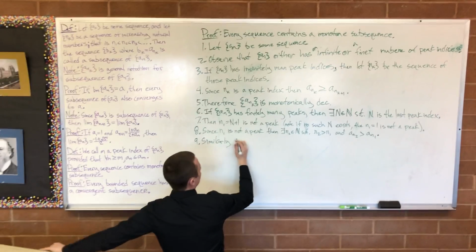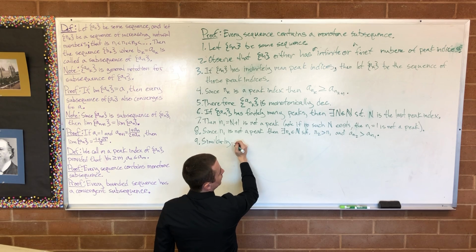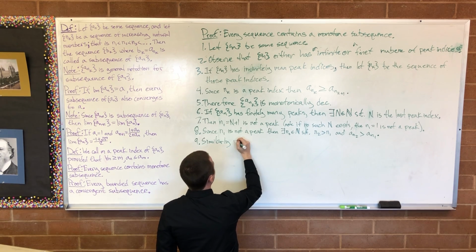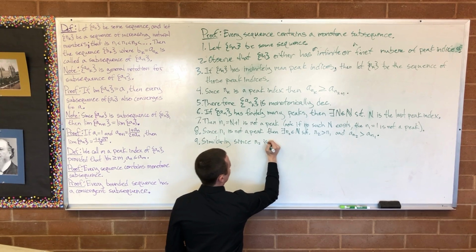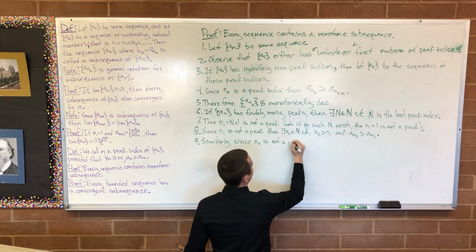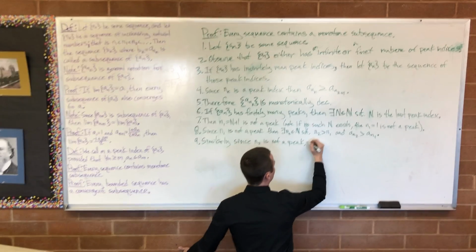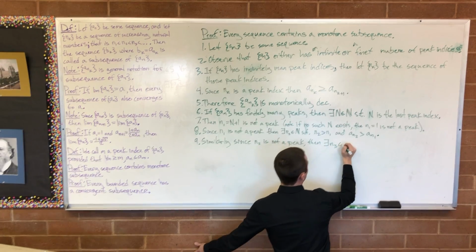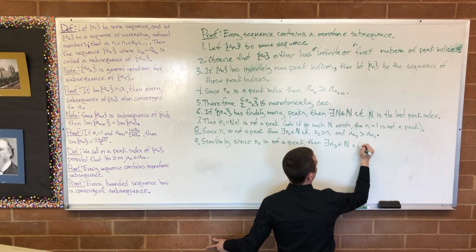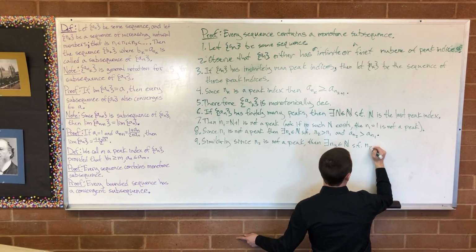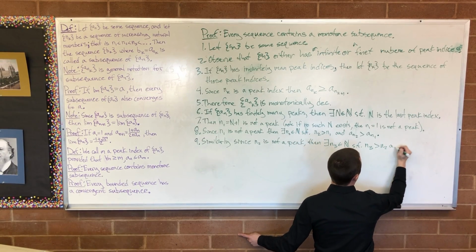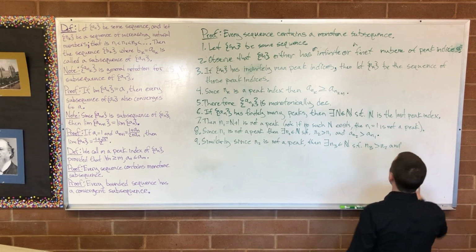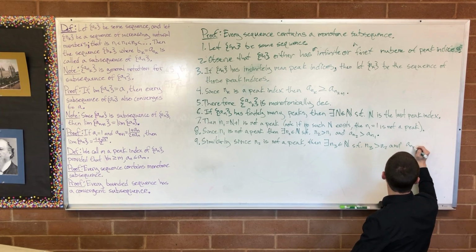And then again, or similarly, or whatever you want, just so we're not doing a proof by induction. So similarly, since n sub 2 is not a peak, then there exists n sub 3 in the naturals such that n sub 3 is greater than n sub 2 and a at n sub 3 is greater than a at n sub 2.